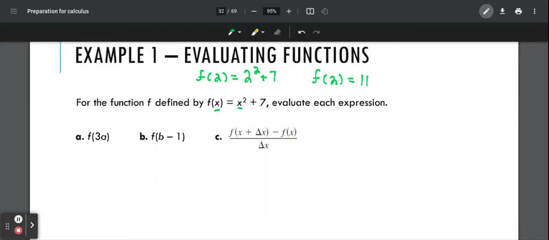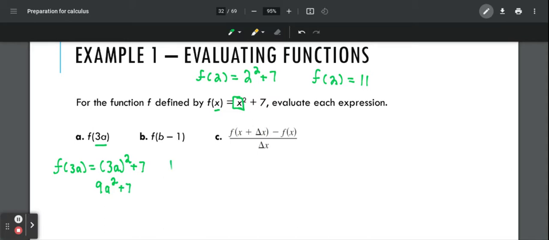So in A, when it says what's f of 3a, that means anywhere we have an x, we're going to substitute a 3a and then apply whatever is being applied to the x. So f of 3a would be 3a squared, so 3 and a are both squared, plus 7. So that's 9a squared plus 7.